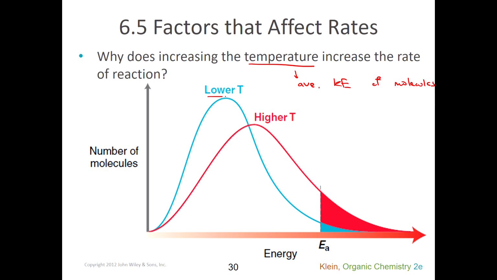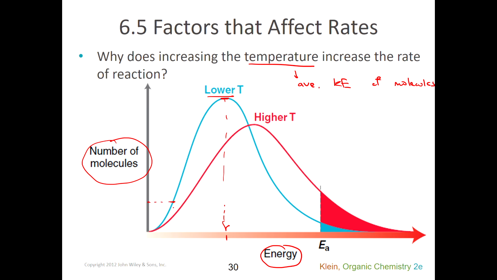So if I'm at a lower temperature, the kinetic energy that they have is on average not a lot. It's a small amount of energy. The higher up here means I have more molecules at that energy. So the peak means this is the average, or most of the molecules have this amount of energy. If I'm down here on the line, there aren't very many molecules.